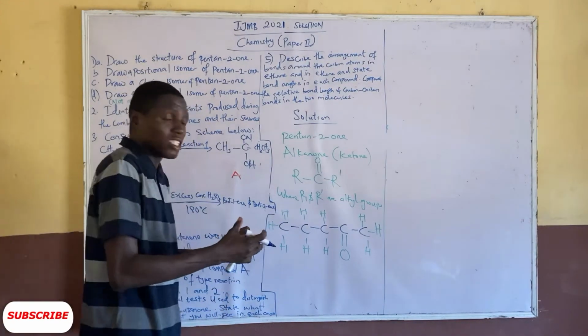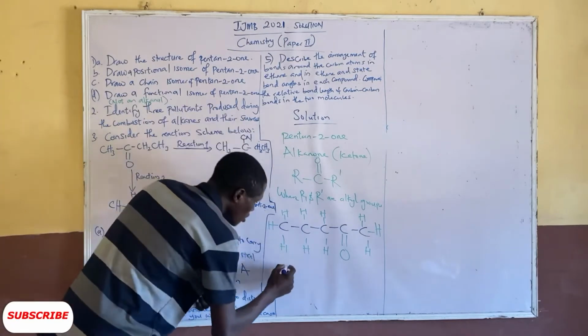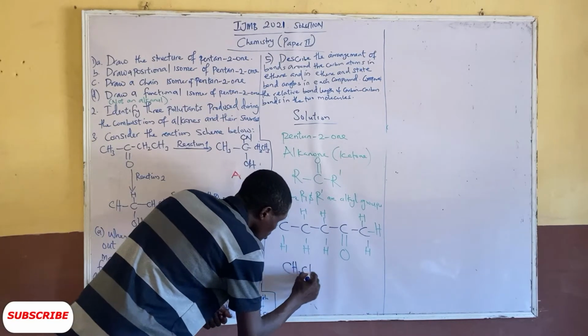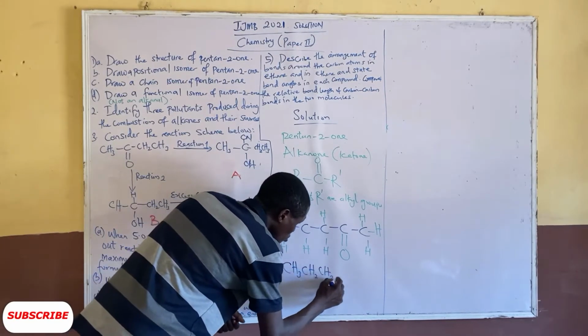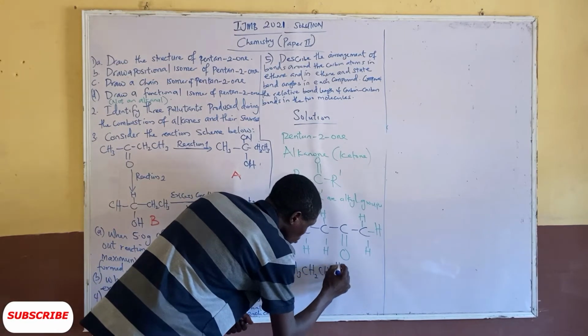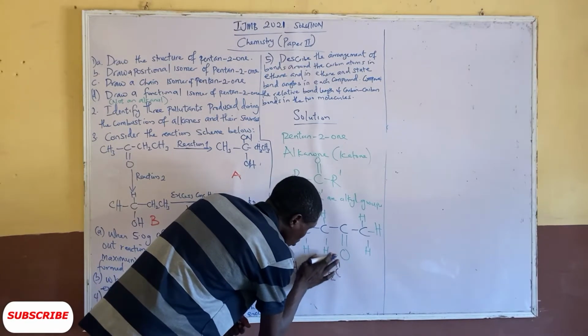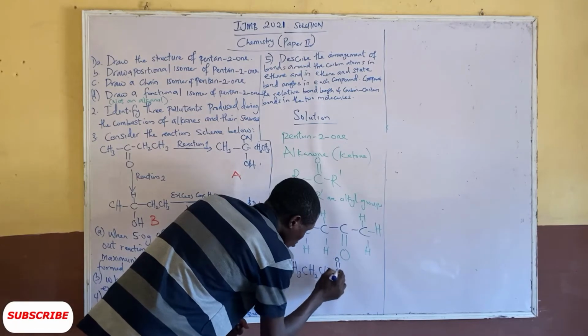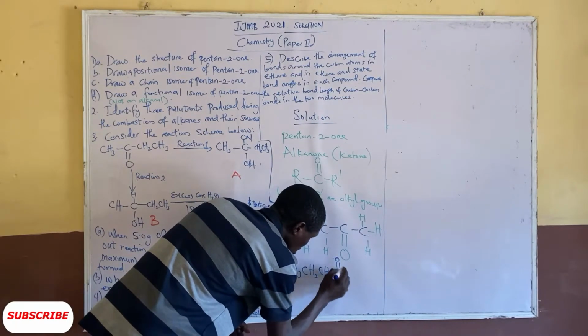In a condensed form, when you condense the structure, you're going to have CH3, CH2, CH2, C double bond O, CH3. You can put the O on the top or below, whichever you want. Just make sure that you put it there.